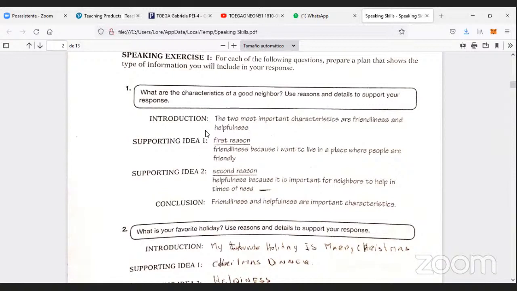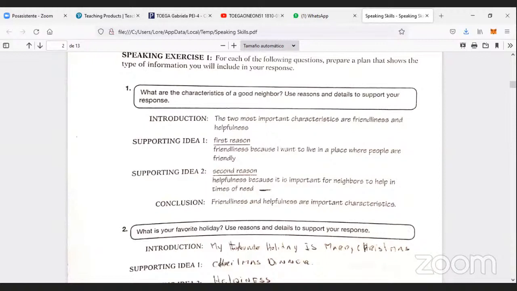After that, you say the first reason: friendly, because I want to live in a place where people are friendly. The second idea is helpfulness, because it's important. The supporting ideas depend on the introduction that you have. And finally, as a conclusion, why those are really important in general.